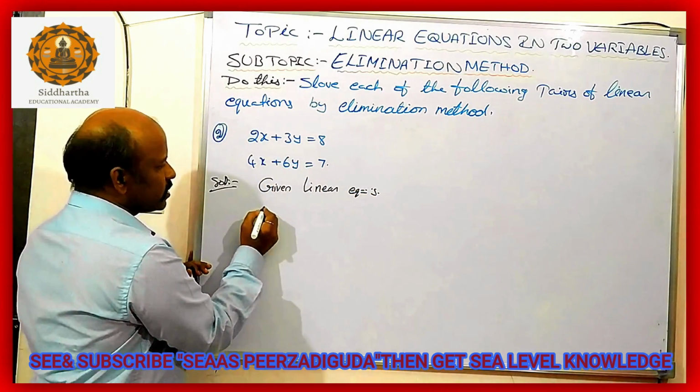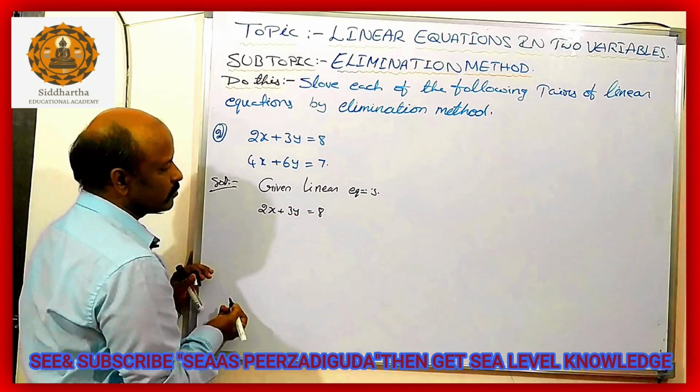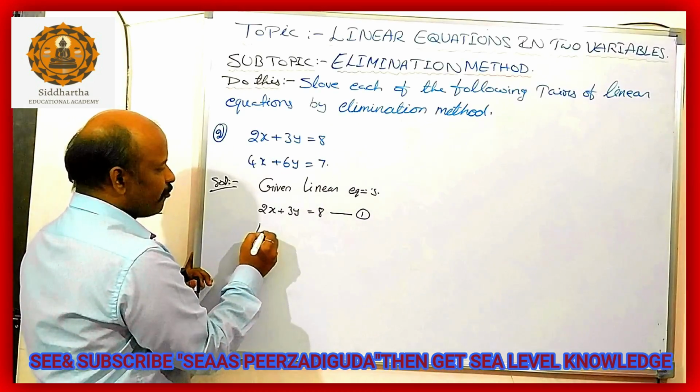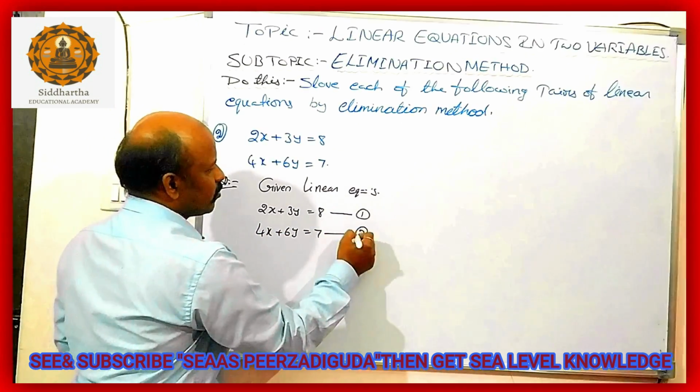What are given linear equations? 2x plus 3y is equal to 8. That one equation number 1 I am going to take. 4x plus 6y is equal to 7. Equation number 2 I am taking.